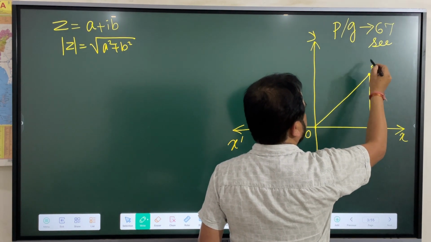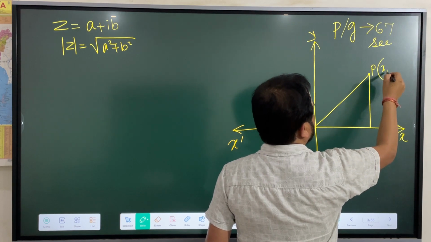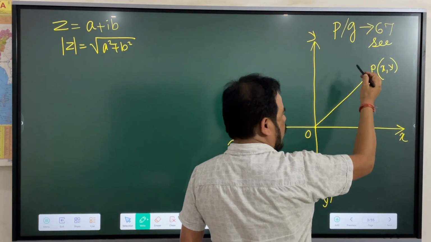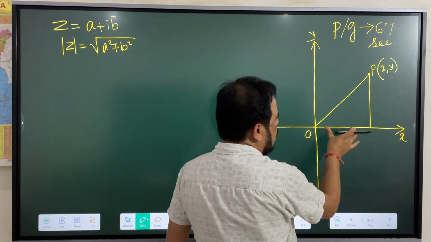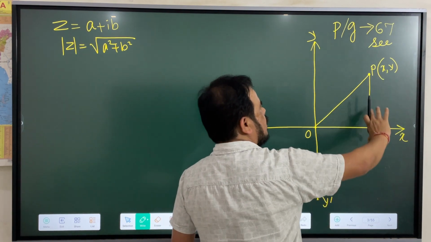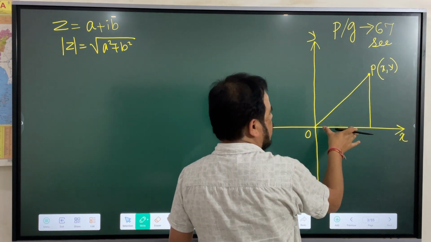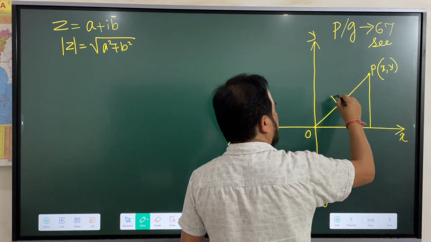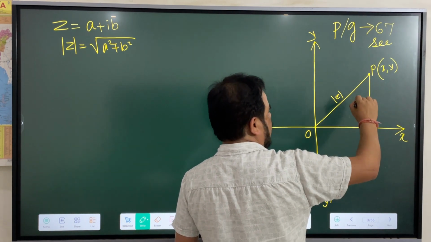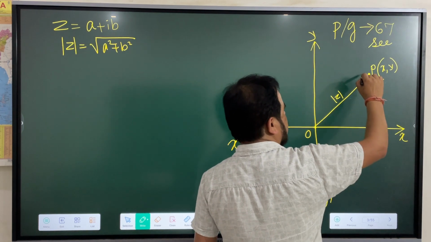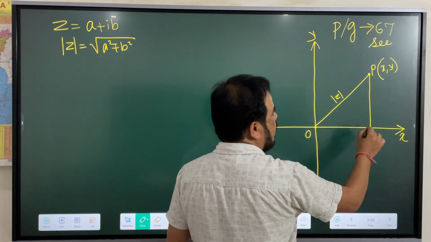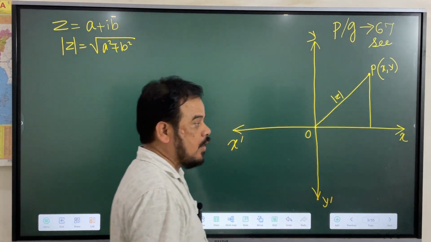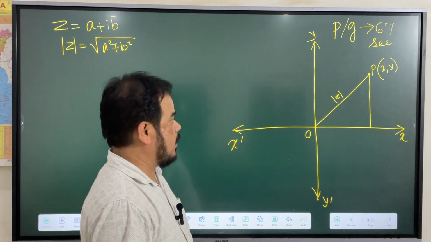P is a point, that is x comma y. Here to here distance is x. Here to here distance is y. And this is modulus of z, OP. That means hypotenuse square is equal to perpendicular square plus base square, the Pythagoras theorem. Already you got it.